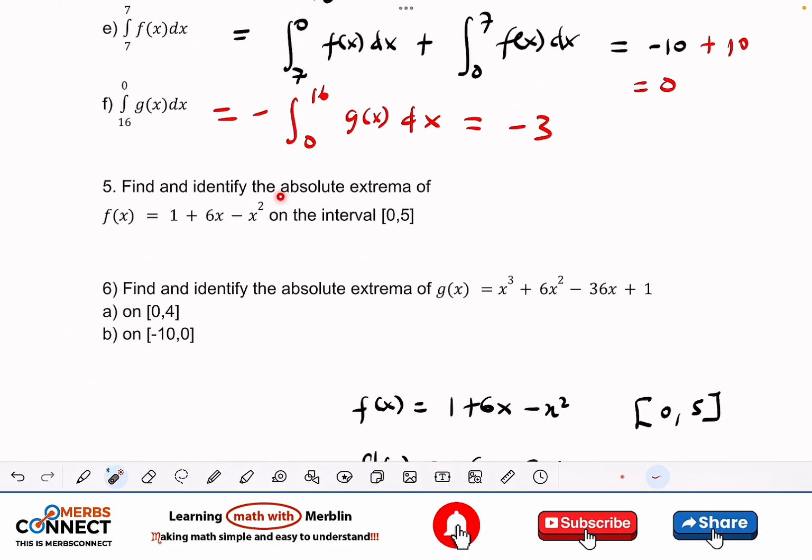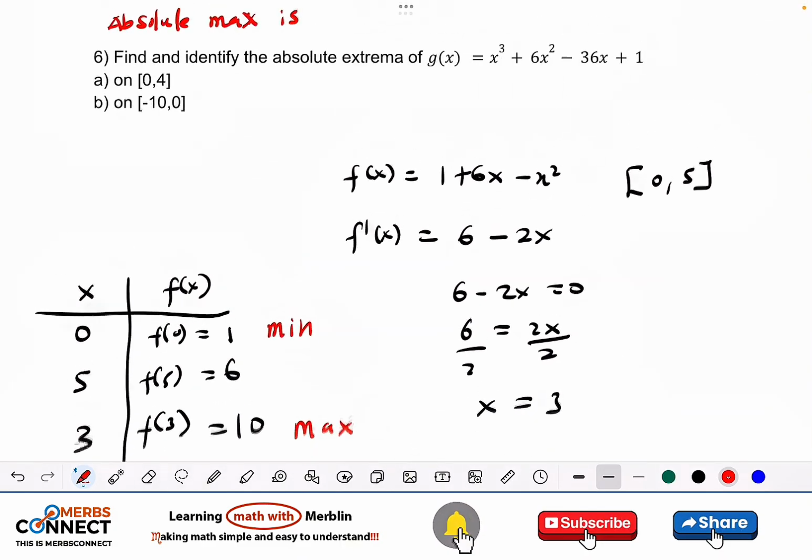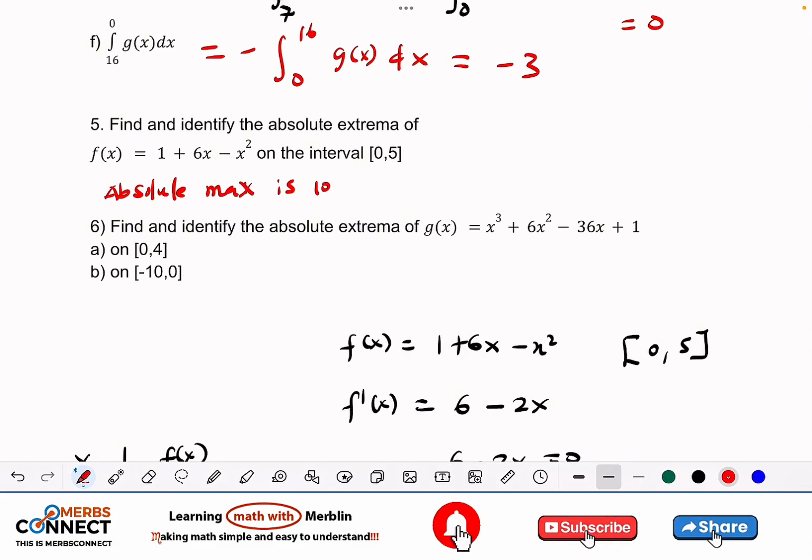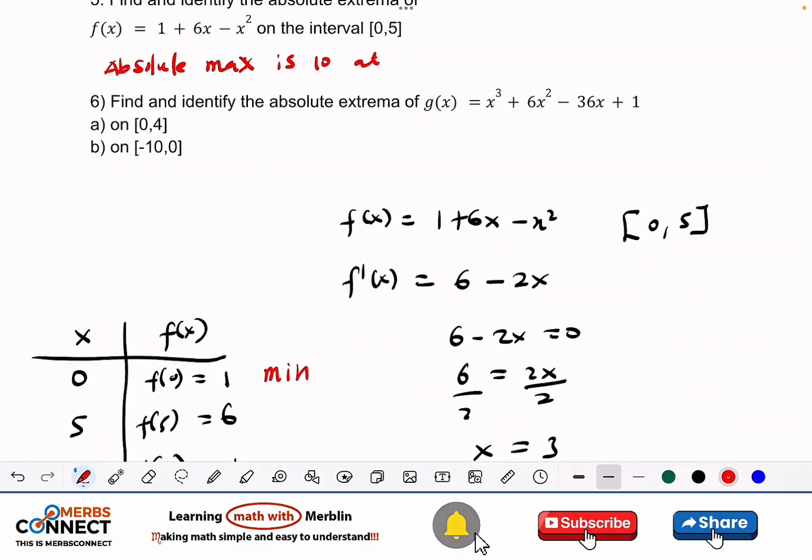If the question asks you for absolute extrema, the question is asking you for absolute maximum and absolute what? Minimum. So now here we can conclude that the absolute max is 10 at x equal to 3.